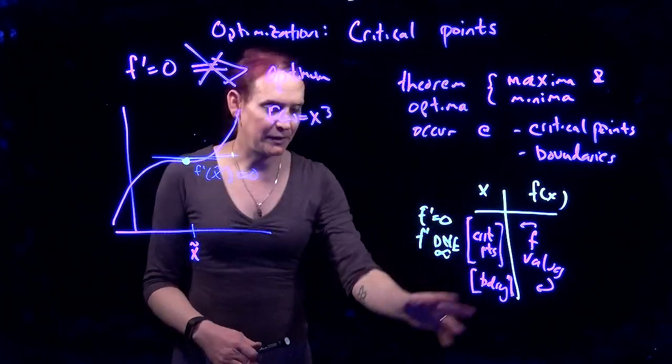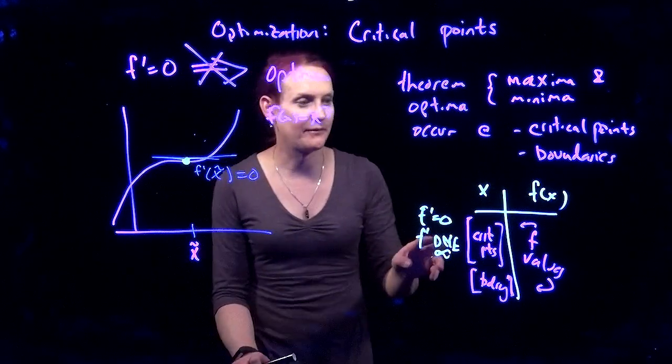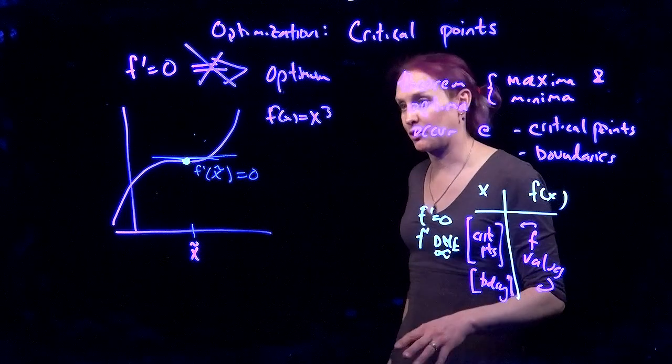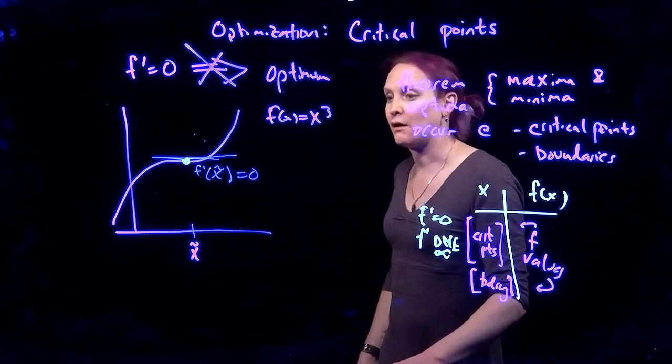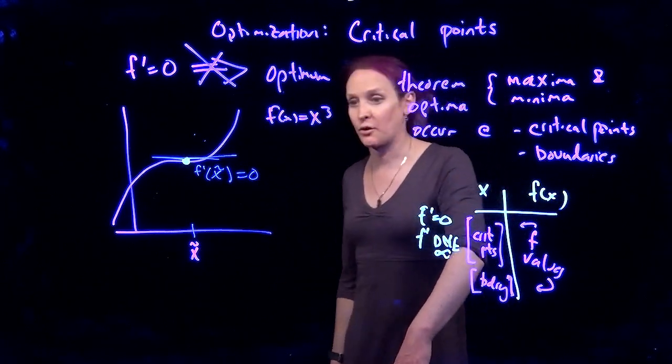So build this table, but just because it's in the table doesn't imply that you actually have a minimum or maximum there. We've got to do something else in order to check whether we actually have a minimum or maximum there. And that's where the first and second derivative tests come in. That's the subject for another video.